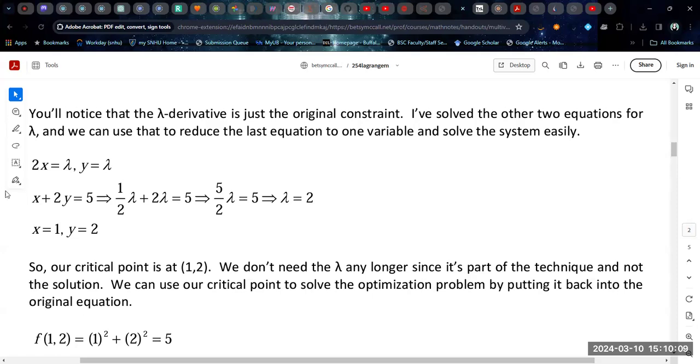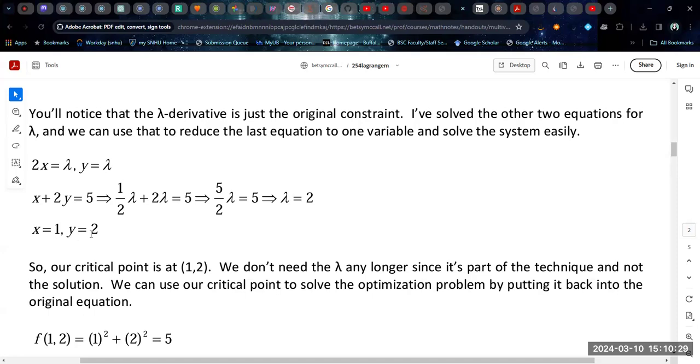It is just a way of getting a relationship between the x and the y. But in this case, I solved for lambda by substituting these into my constraint equation and then solving for lambda, and then I can replace my value for lambda into these two equations. So I end up with x is 1 and y is 2.